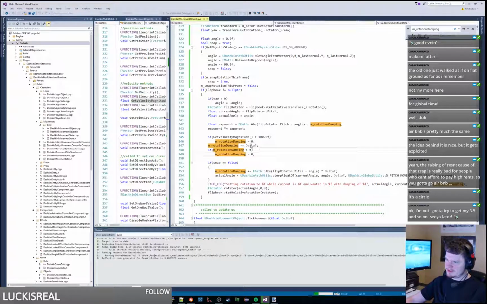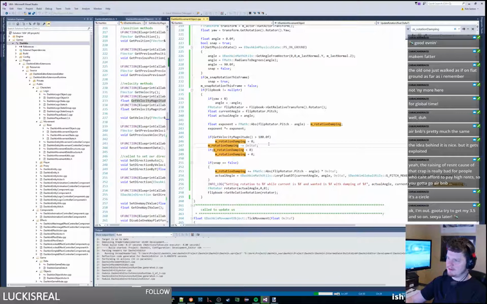It's going to decrease based on, I guess, delta T. So right now this thing is basically going to go from 0 to a gigantic number very quickly.